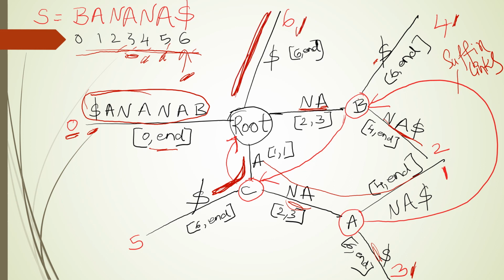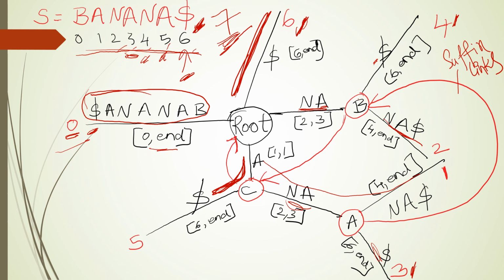This is also a dollar. So there are 7 suffixes for the word banana and the appended character dollar, and we have found all the suffixes from 0 numbering to 6. So it is 7. And these are the suffix links which are created in the same phase.